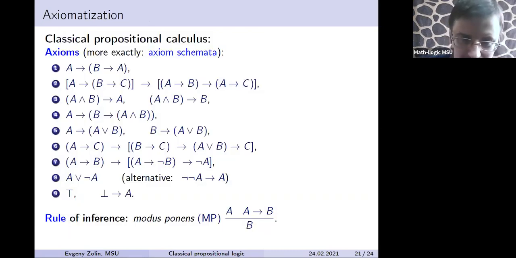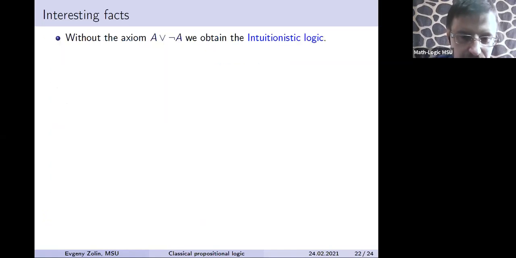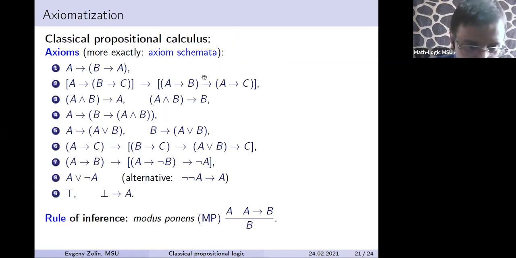And the last topic: some interesting properties of classical logic, of the classical calculus in particular. For example, first, if we remove this axiom, the law of excluded middle, we obtain intuitionistic logic.